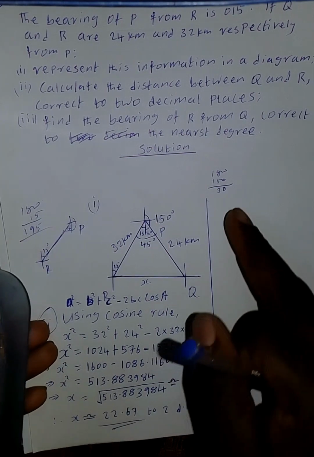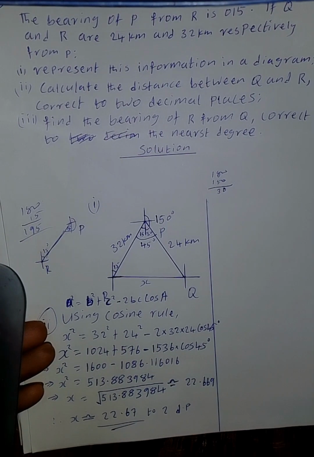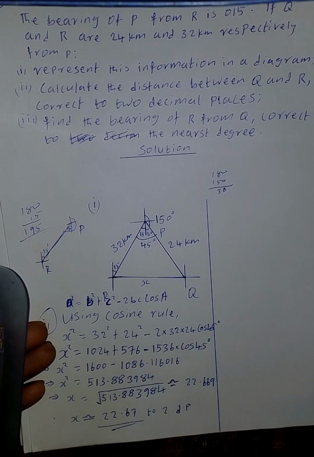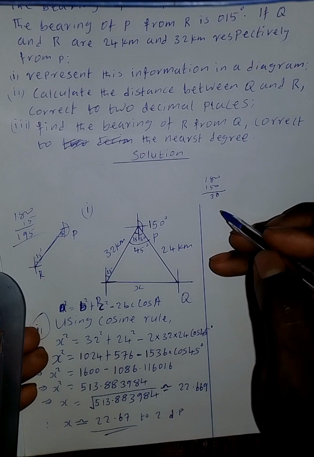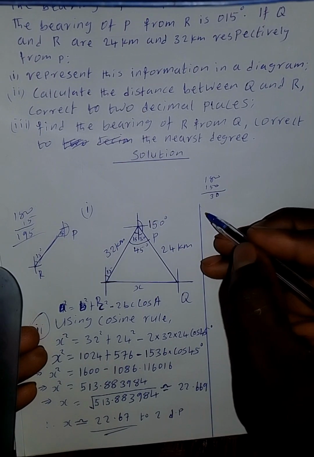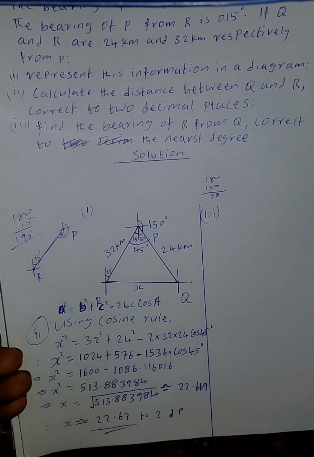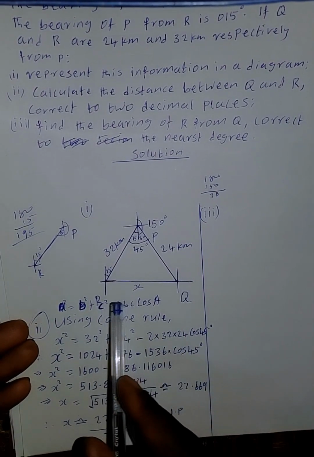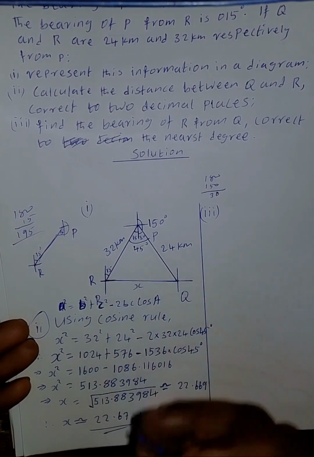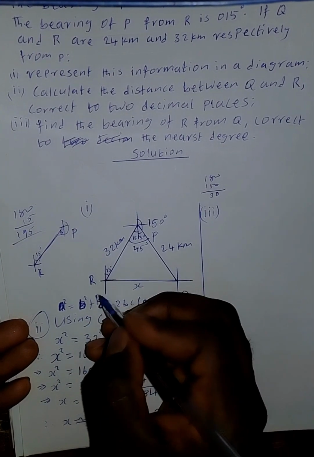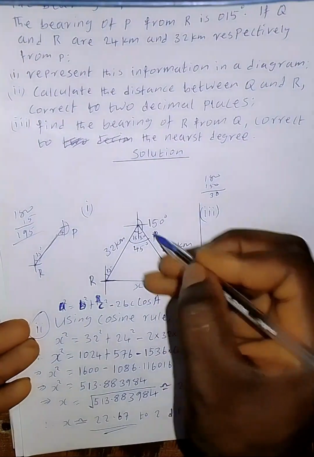Let me solve the third one here. The third one says find the bearing of r from q correct to the nearest degree. The bearing of r from q. Let us analyze the method to use. This is my point r, and this is my point p.